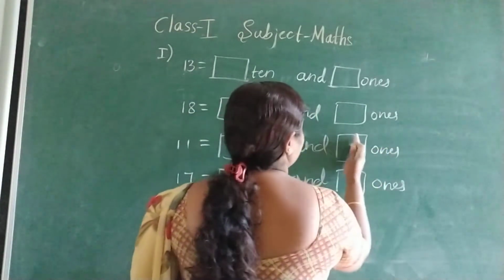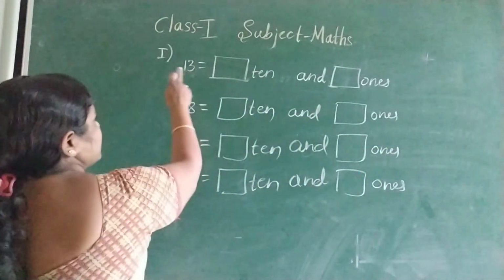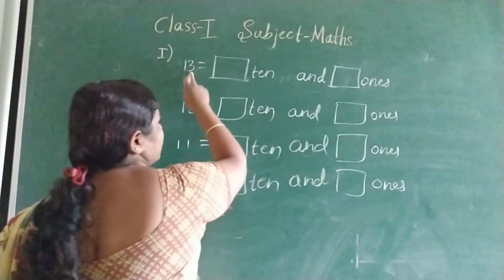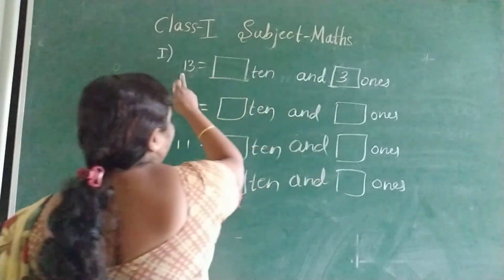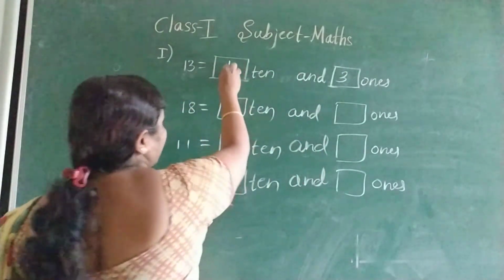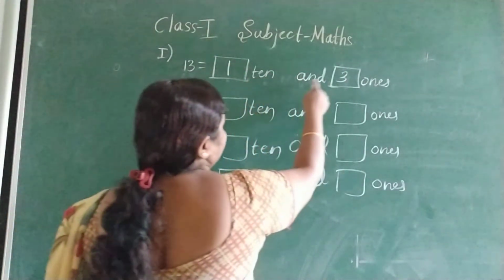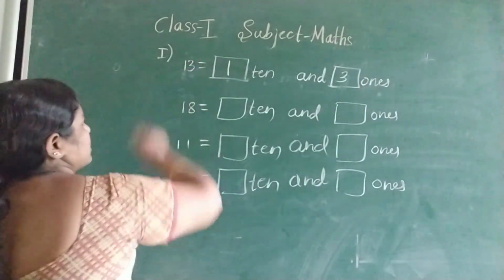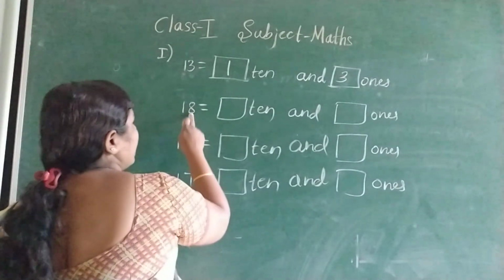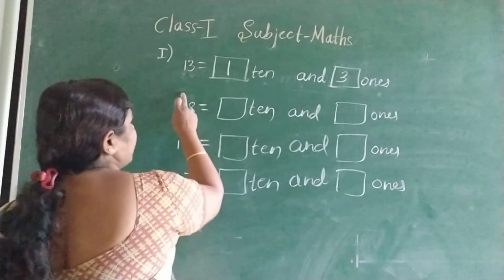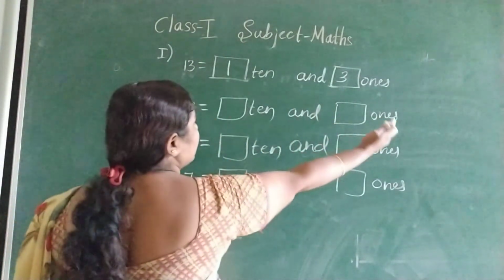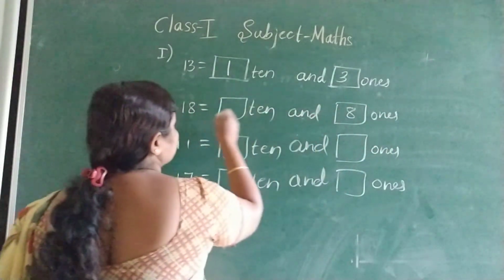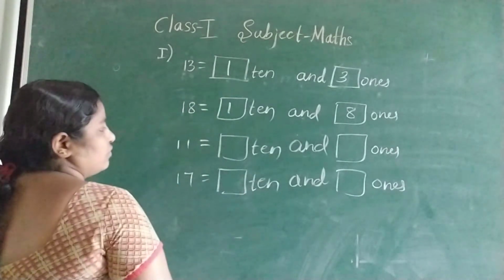So write from right to left: 8 ones and 1 ten.